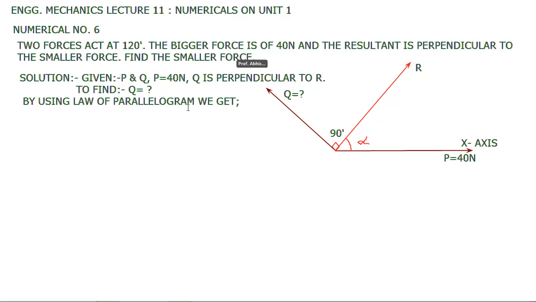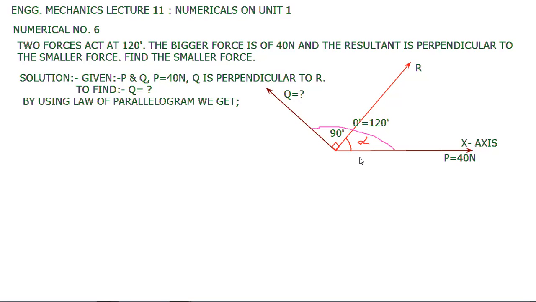Before proceeding, you have to find alpha. You have also been given the angle made by P with Q, which is 120 degrees, and we call it theta.